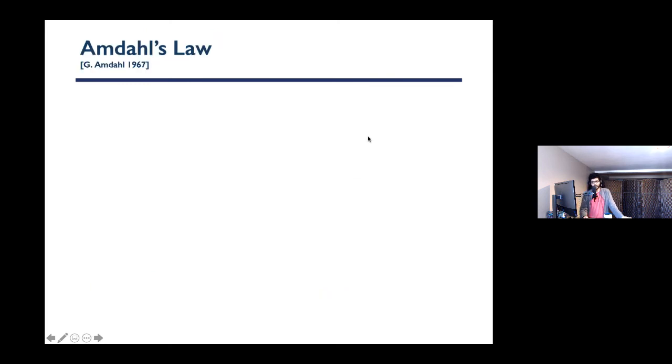Now there are things that you can use to guide this search. For instance, Amdahl's law is one that you could use. It's sometimes misunderstood in the operating systems and architecture communities what it actually does.